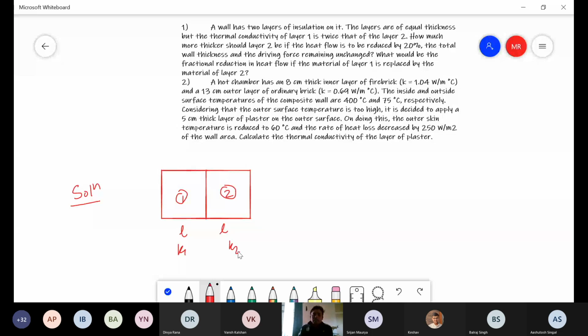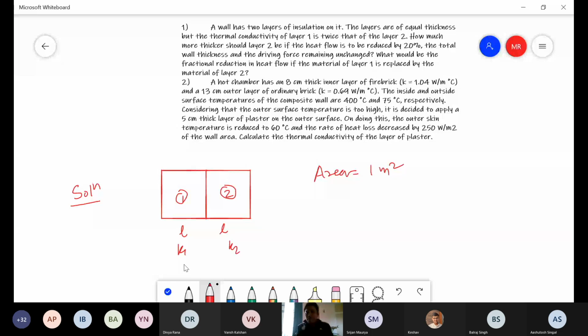Now again, area you can assume as 1 meter square, let's say, and what is being given is K1 is equal to twice K2.